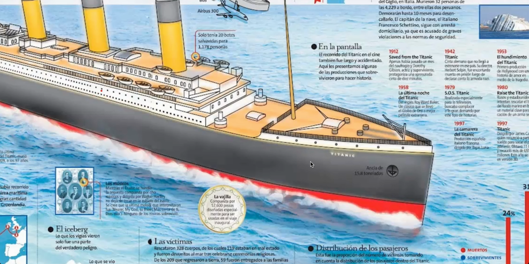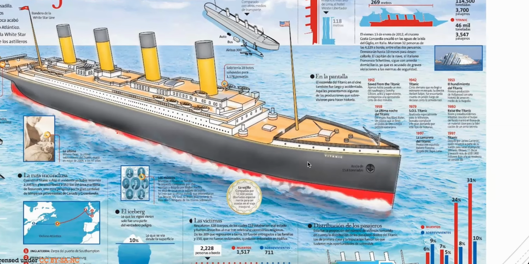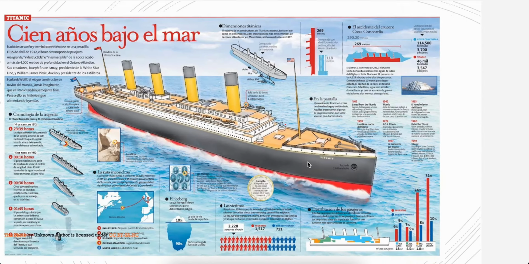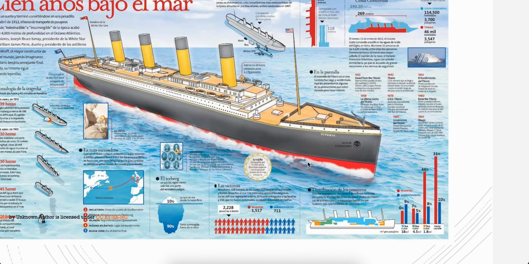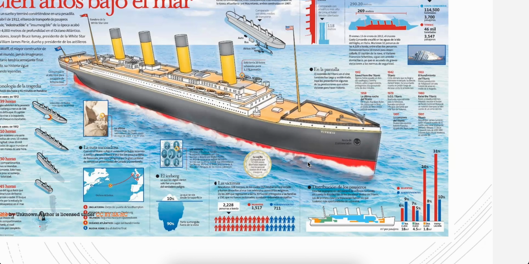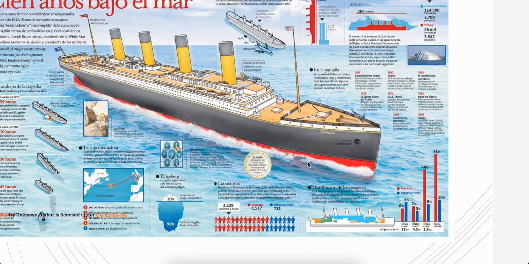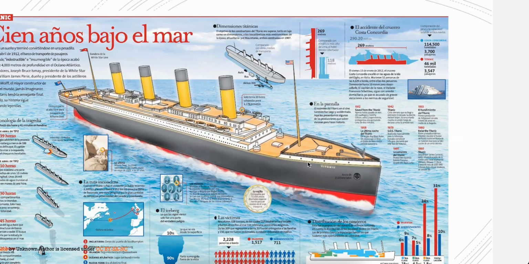It was built so strong, and they traveled from England to a port in America, and a little bit more than halfway across the Atlantic Ocean, the ship struck an iceberg, got damaged and sank.